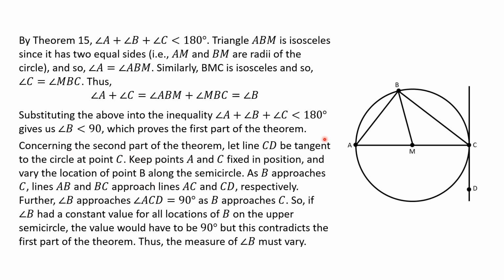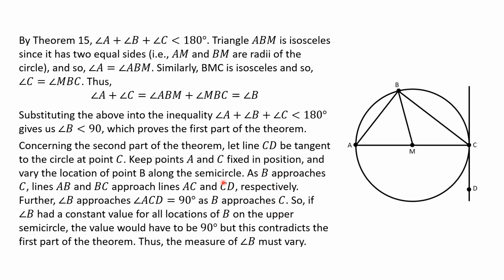The second part of the proof is a bit intricate, and I'll go through it slowly here. So let's take a line here, CD, tangent to the circle at C, and we'll keep the points A and C fixed. And what we want to prove is that as we move B, the angle here at B, ABC, that angle changes.